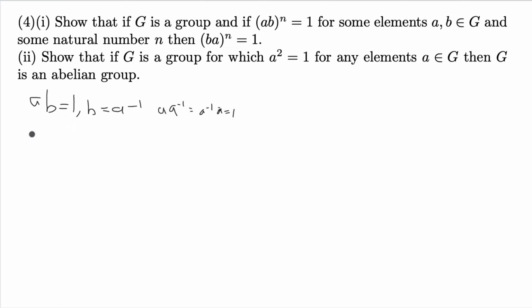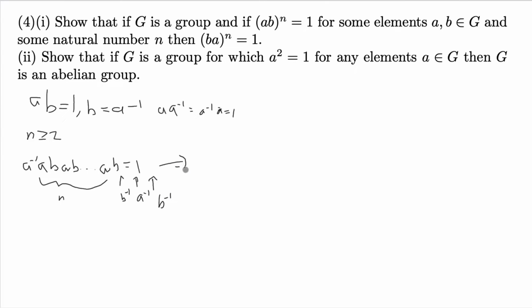Well, let's let n be greater than or equal to 2. Then we'll have AB, dot, dot, dot, AB, n times, all equal to 1 for some n greater than or equal to 2. Next, we're going to try multiplying on the left by A inverse, and on the right by B inverse, and we're going to do that on both sides.